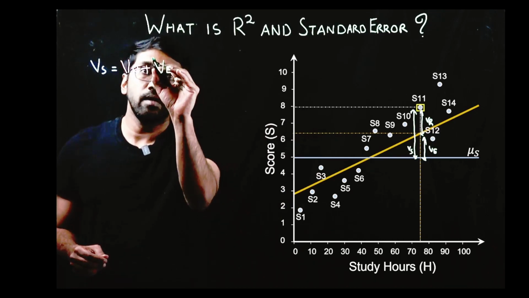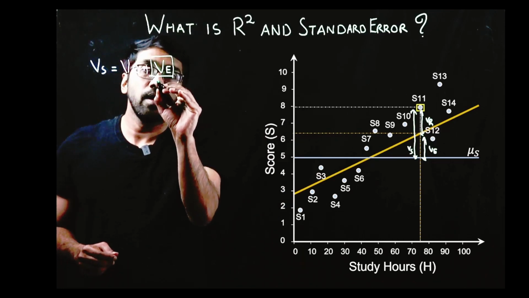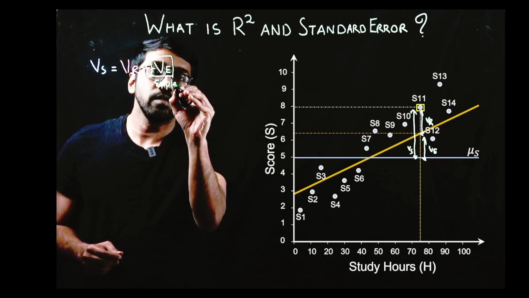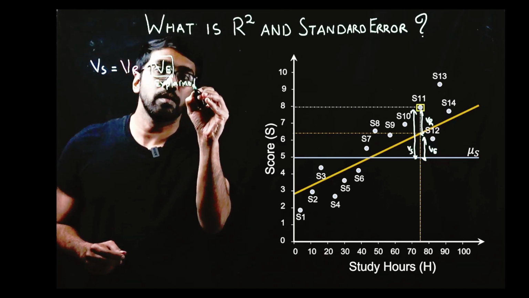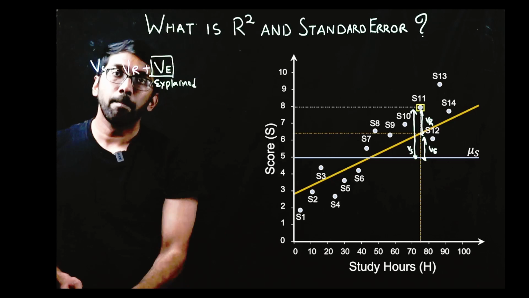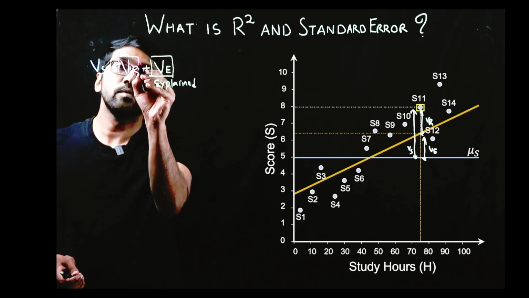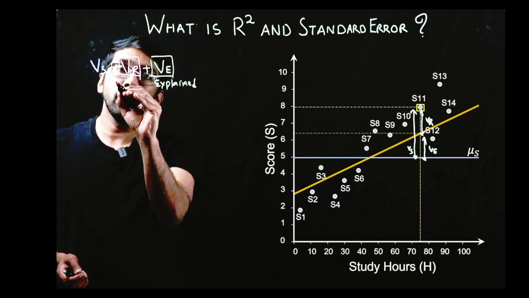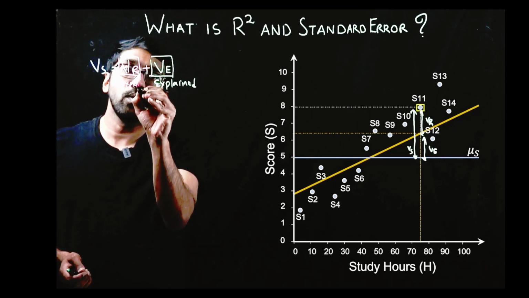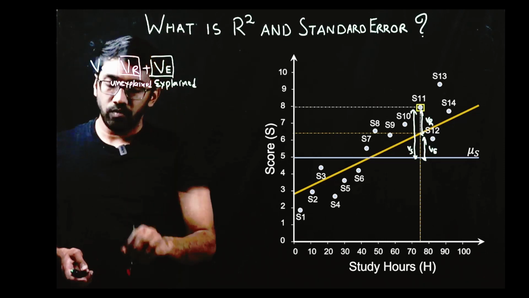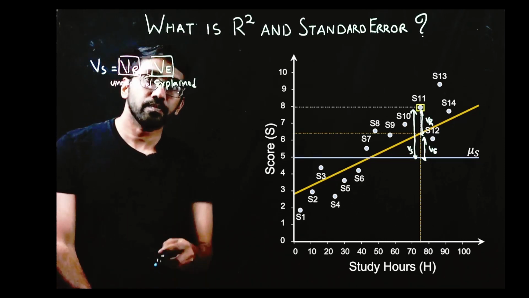So this is the explained variation, this is the unexplained variation, and VS is the total variation.